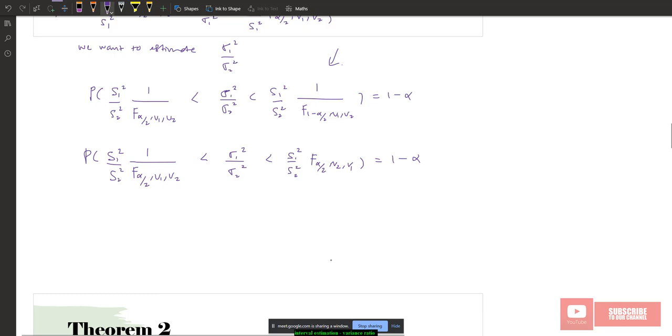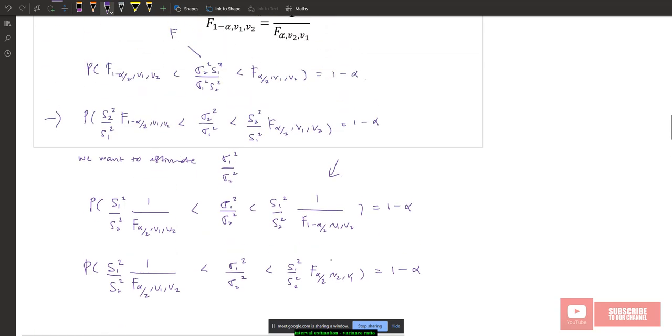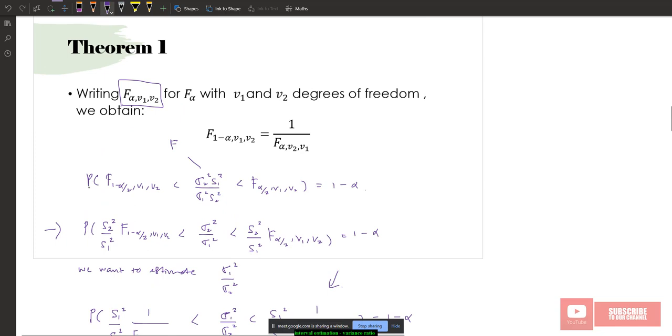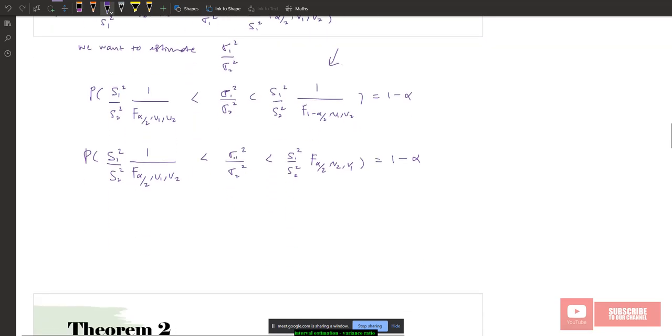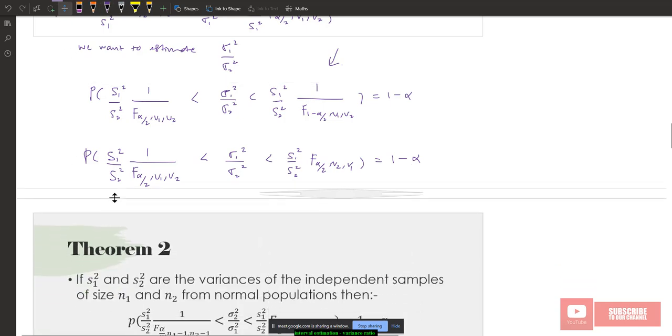So this is the last equation, right? So from interval estimation of the F distribution, we will get this equation. This equation will lead us to theorem number 2.